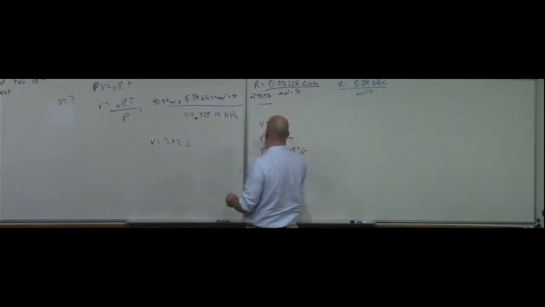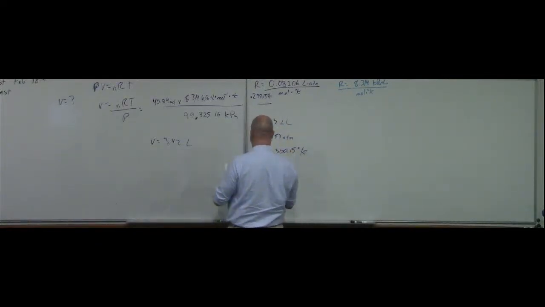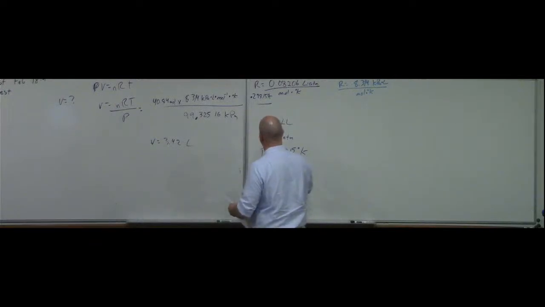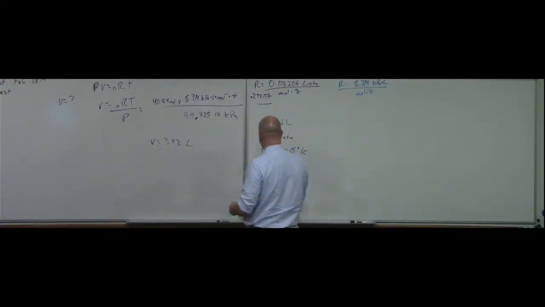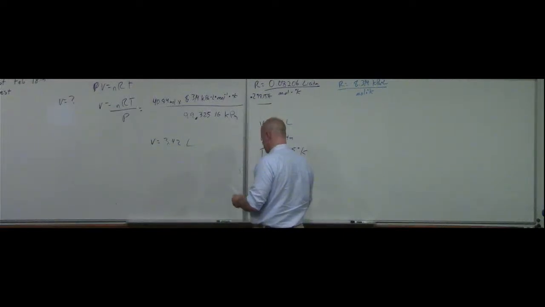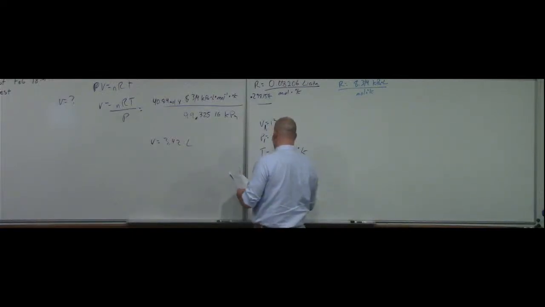I've got a V1, right? I have a V2 that I'm solving for. I've got a P1, I've got a P2, which is known to me, which is 3.13 atmospheres.